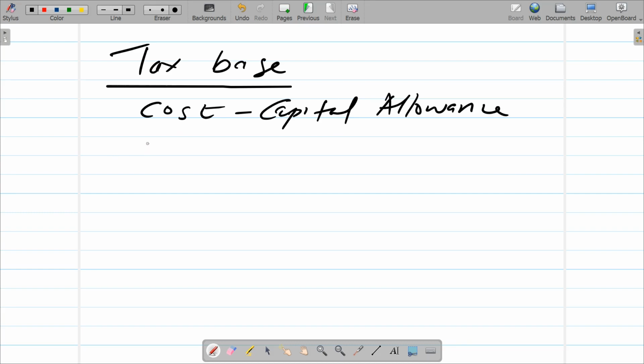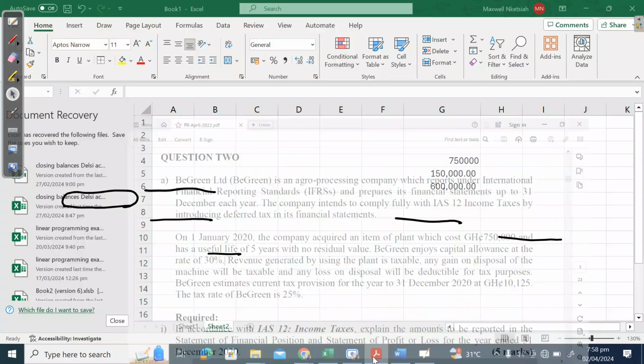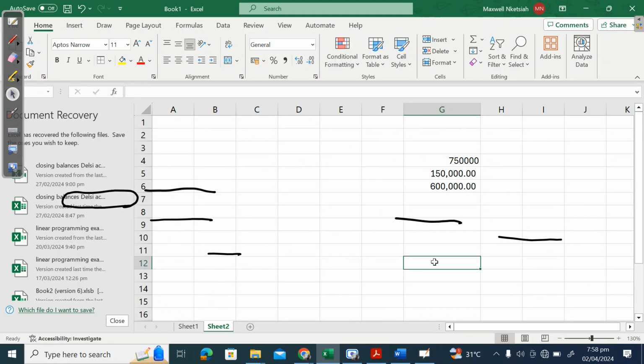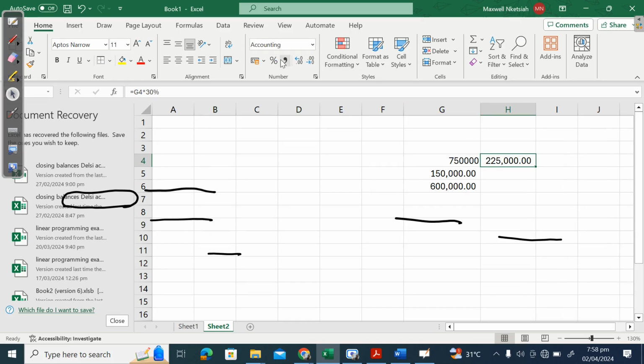The cost of the asset from our question is 750,000, and we're told the capital allowance is 30%. So it will be 30% of 750,000, multiplied by 30%, which will give us 225,000.